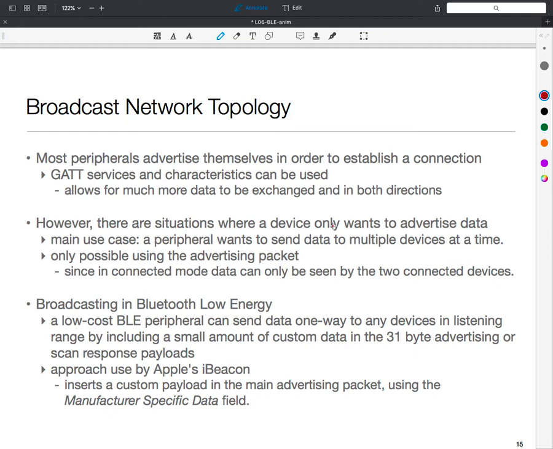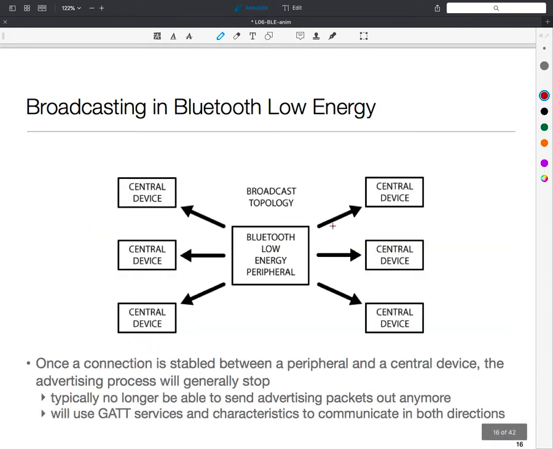That's kind of the concept. So it inserts a custom payload in the main advertisement packet because that payload allows for a manufacturer specific data field. Those are the details, but the high level concept is that some stuff gets put out there so that your apps can then make use of it.